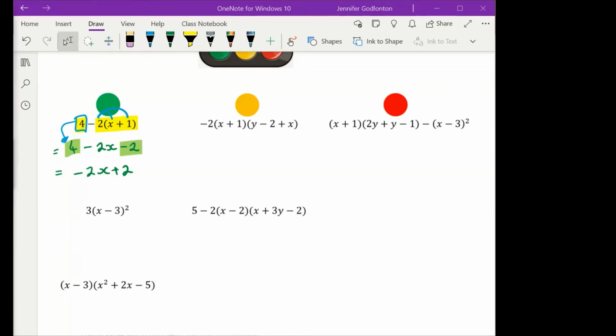Okay, so if you got that first green one right, then that's awesome, and you're going to move on to the orange. And if you got it wrong, then you move on to the second green. And if you're finding these really easy and you're going through them fast, then do both.